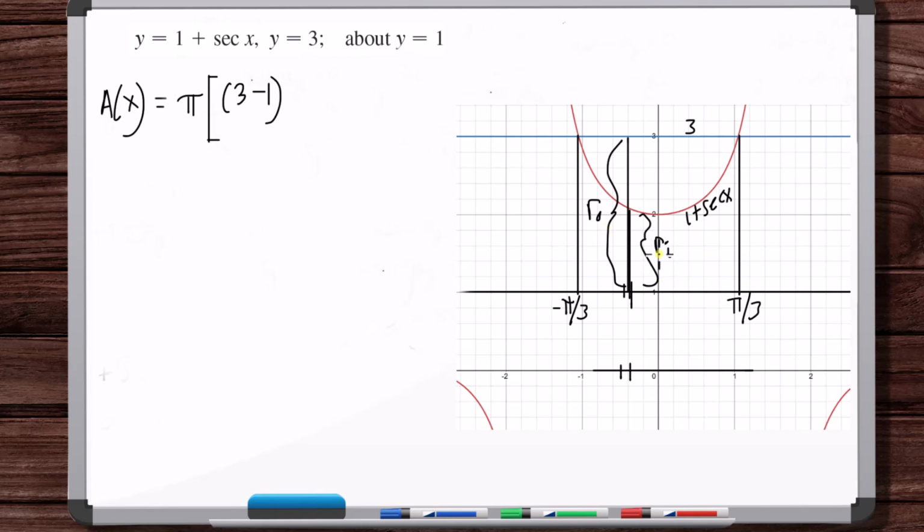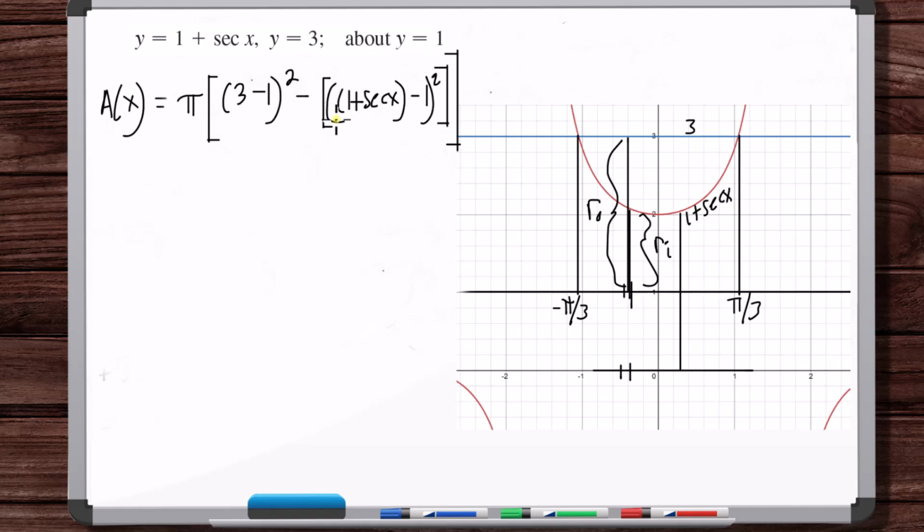Okay, but what about the RI? The RI is going to be 1 plus secant x minus 1, squared. For any x value, this length is 1 plus secant x.